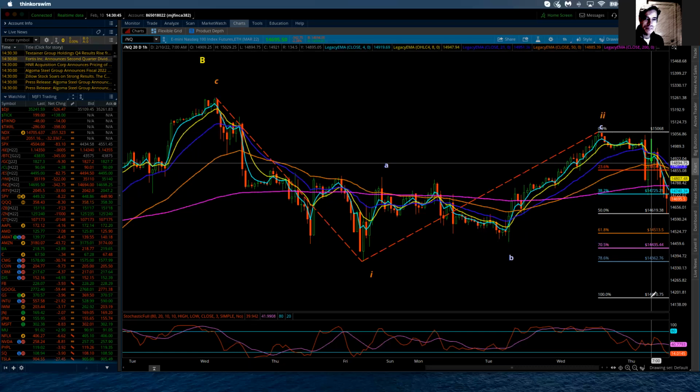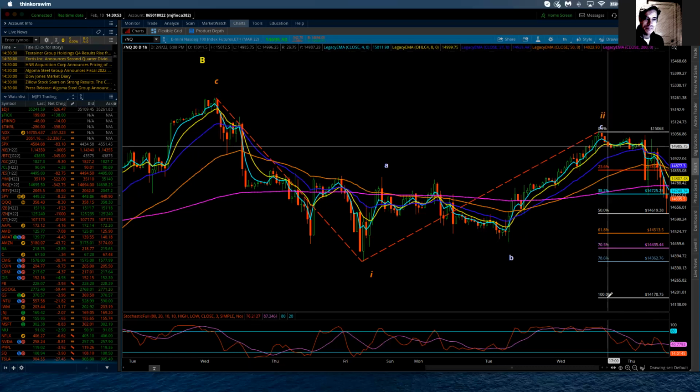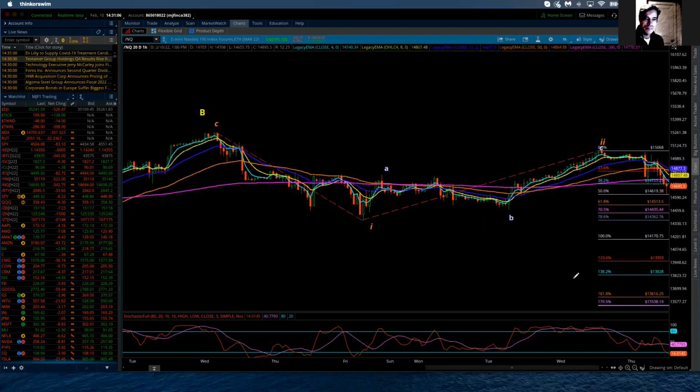Well, this wave is going down, so it should be the longest and the strongest in terms of how deep it will push. That would make me believe that on an Elliott basis, I would be expecting it to drive lower than 100% and more likely to 1.618, which is down here at 13,616.